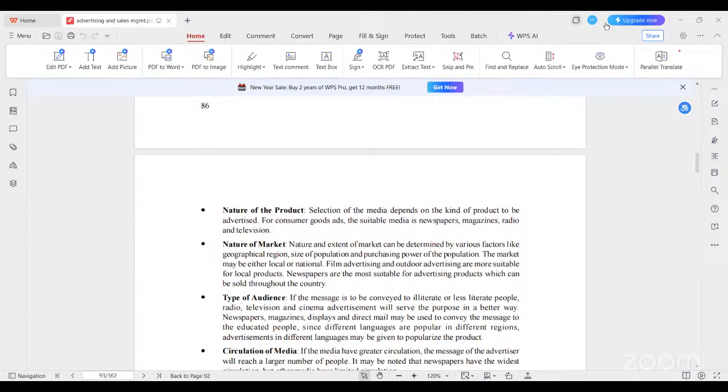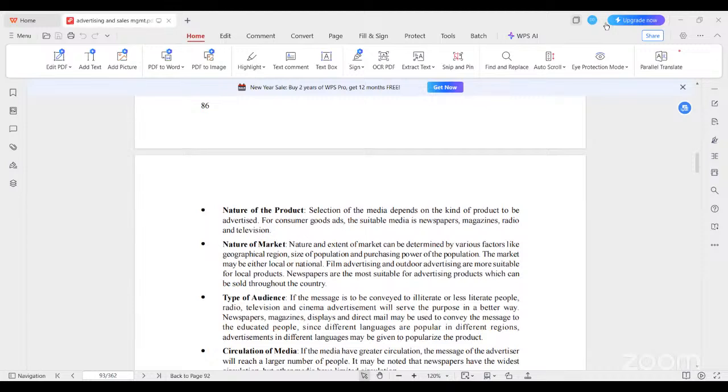And the next one is customer analysis. They need to analyze customer behavior. They need to understand their preferences and their pain points. Pain points means when they are buying, how much they are buying, how frequently they are buying.